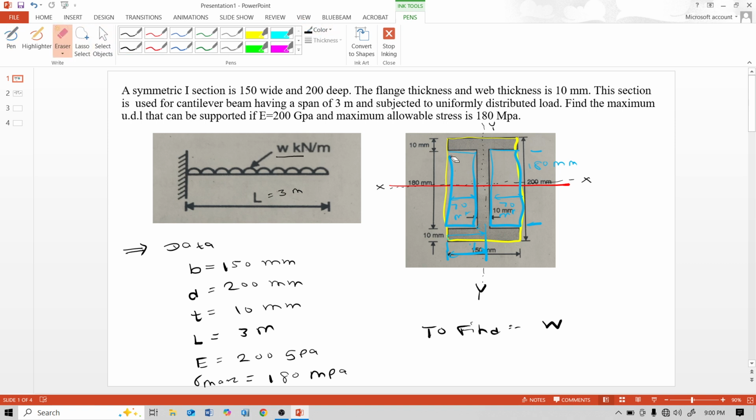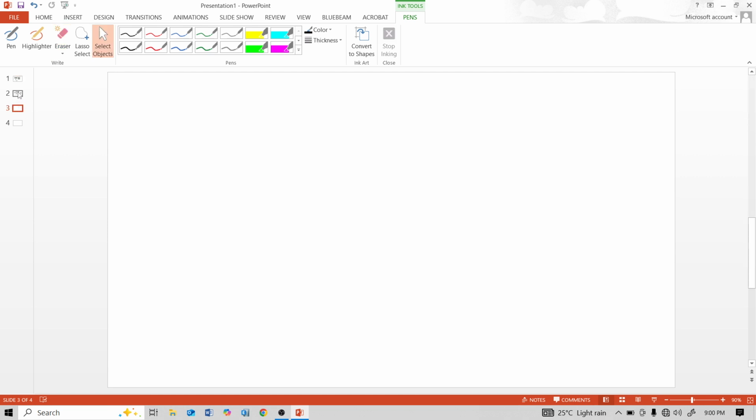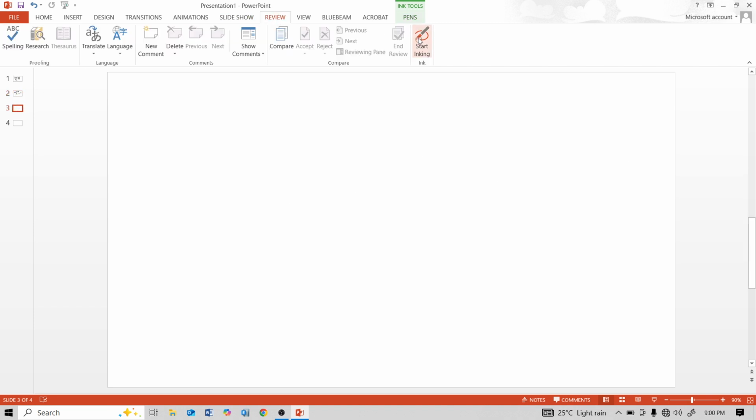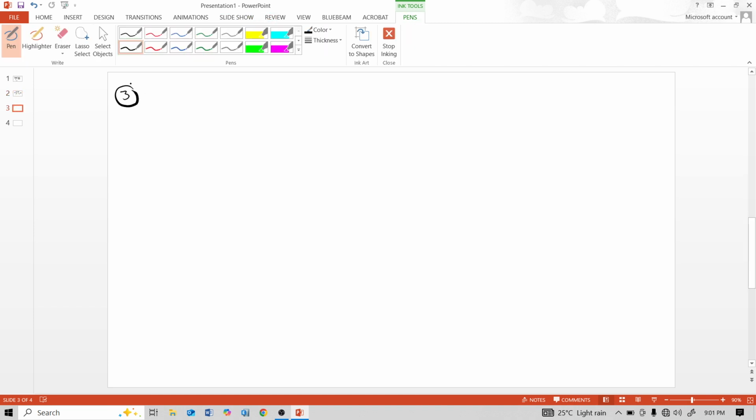So erase this all. Now next, use the flexural formula. Third step is using the flexure formula.